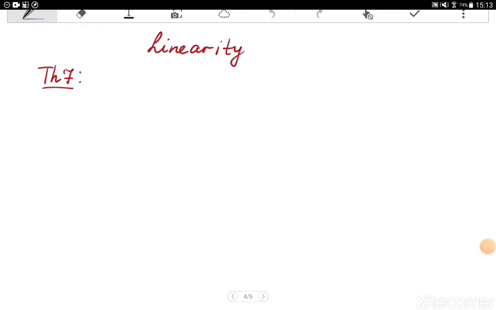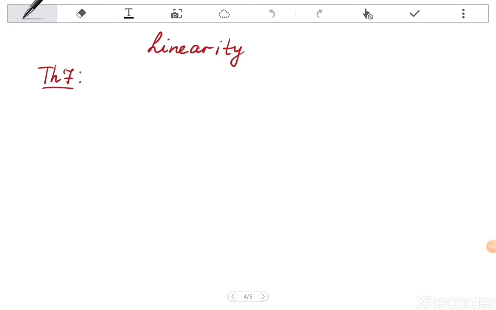This is the third part of the second lecture of week 9, where we discussed linearity of the inverse Laplace transform. Let me formulate the theorem.